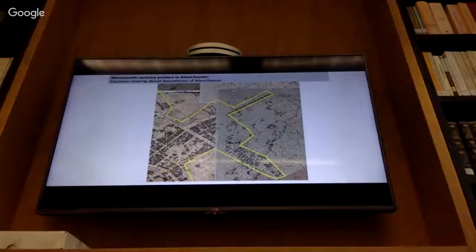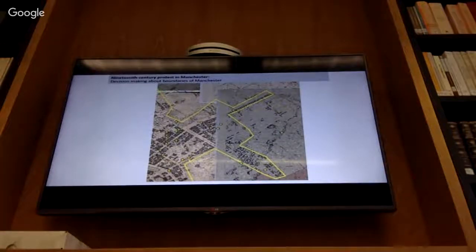I think this is a really fundamental thing as well, because obviously a lot of data is defined in terms of administrative or political boundaries, and it's that question, what is a city? Where does a city begin and end? It is so fundamental, I think, historically, and again, it's the sort of question that this sort of approach invites you to ask and to have a really fascinating dialogue.